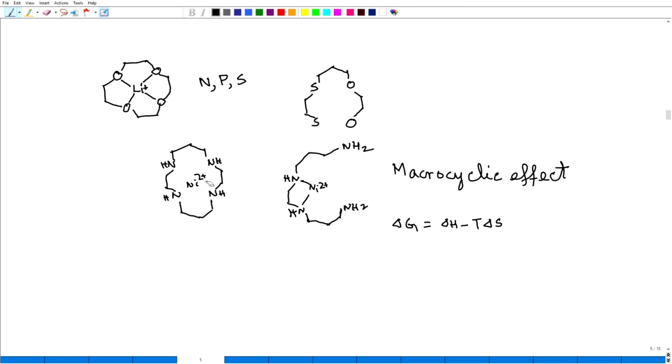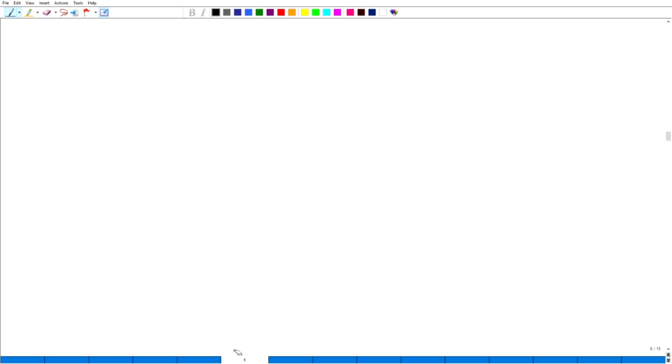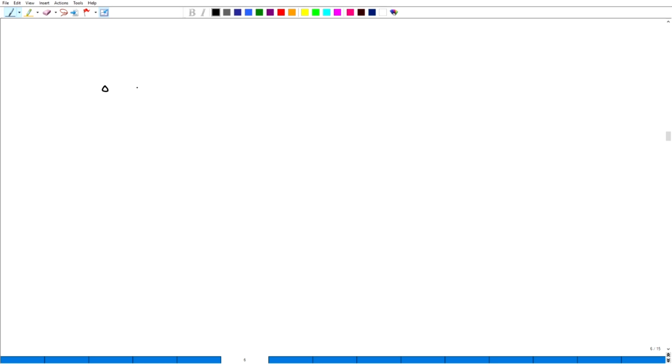Another thing you have to understand about macrocycles in the free state. Say I am writing this 1, 2, 3, 4, say this is a macrocycle.